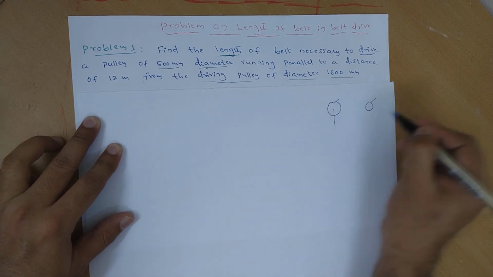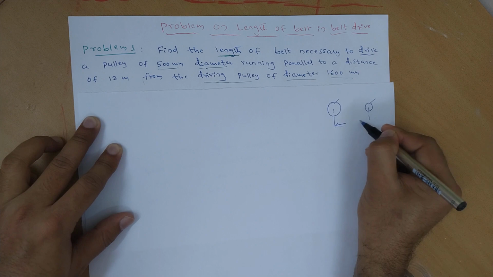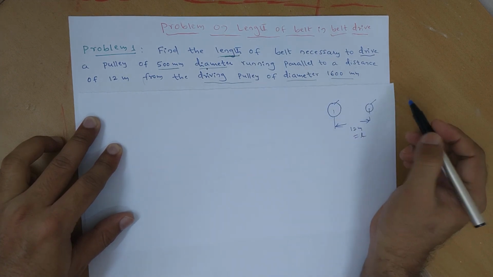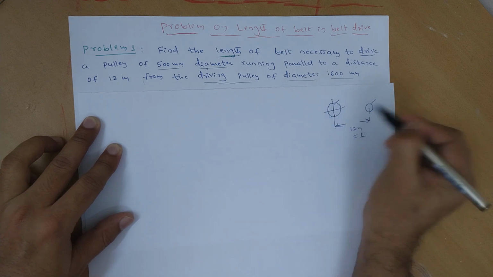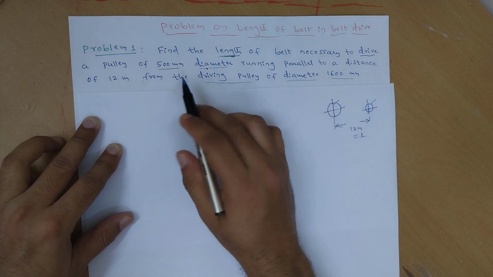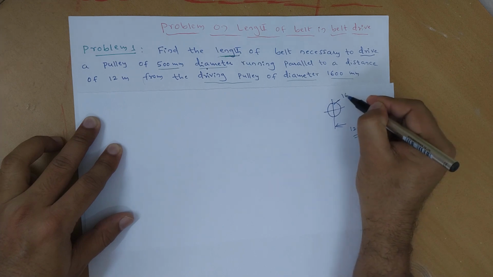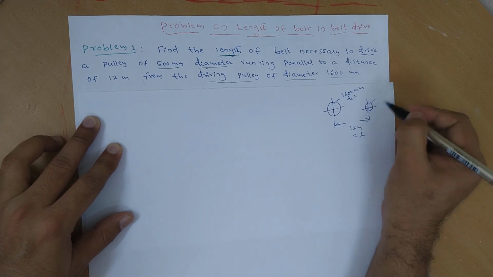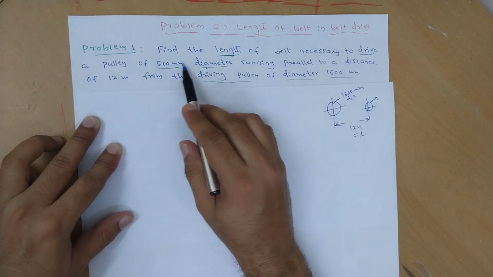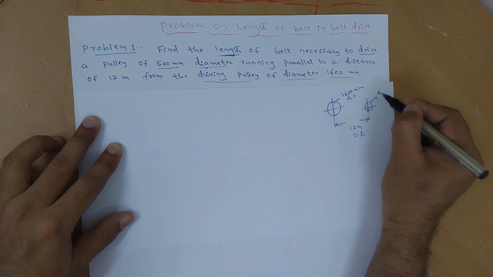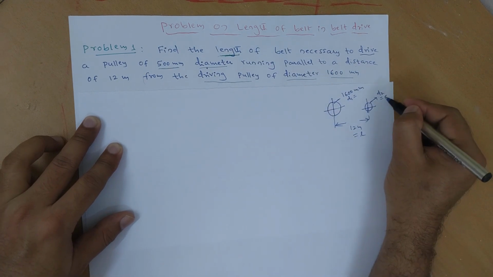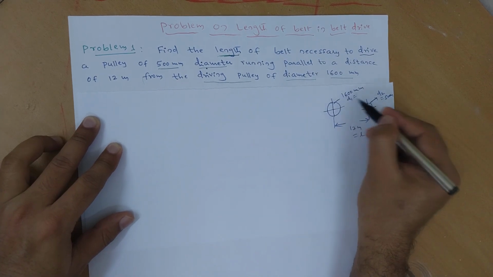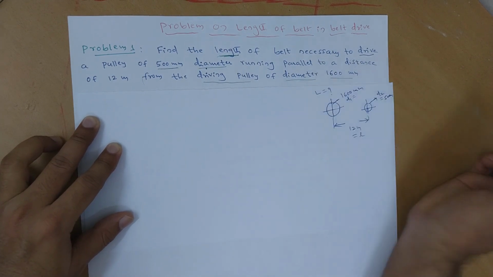The distance between the two pulleys is 12 meters, normally denoted by L. The bigger pulley is D1 equal to 1600 mm, and the driven pulley is D2 equal to 500 mm. You need to find the total length of the belt required.